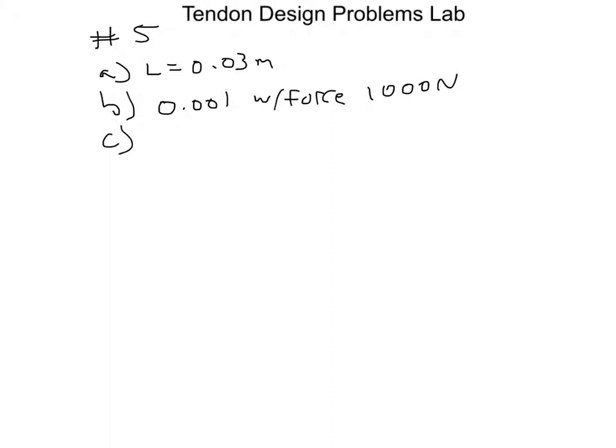And the third requirement is that it must be able to withstand a 2,500 Newton applied force without injury. And we say that injury occurs when the tendon strain is equal to 8%.